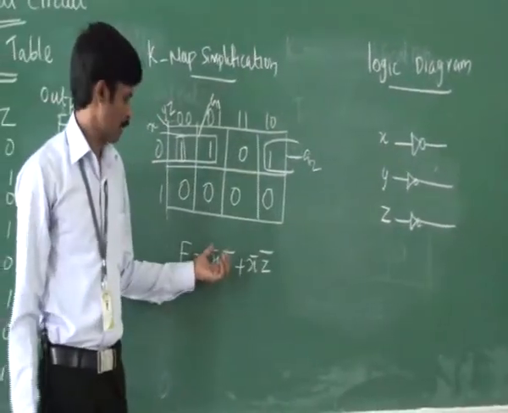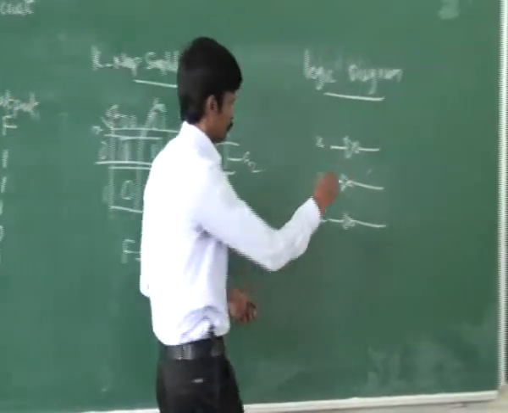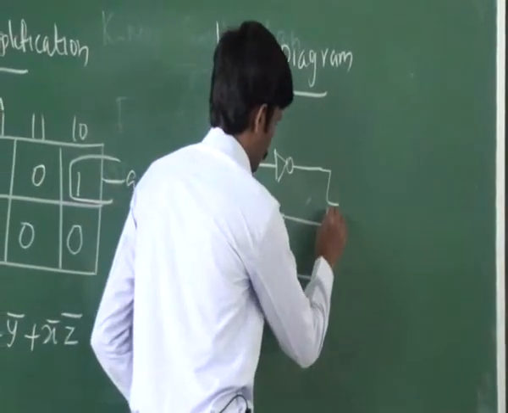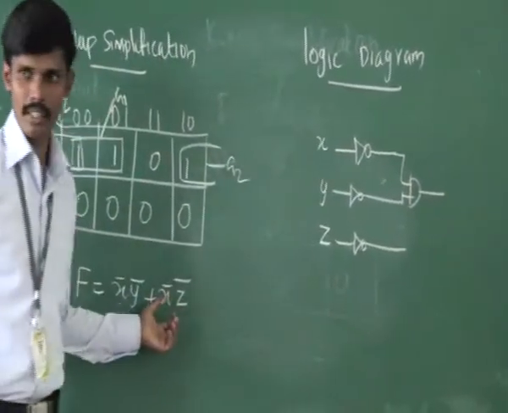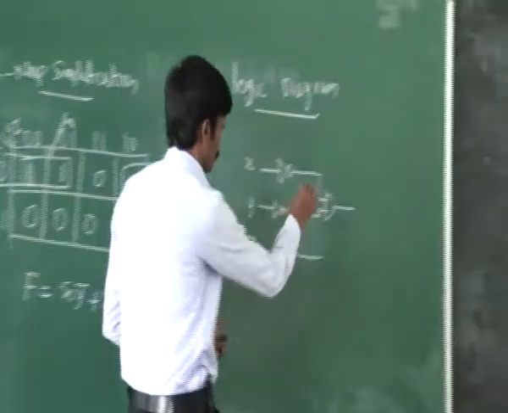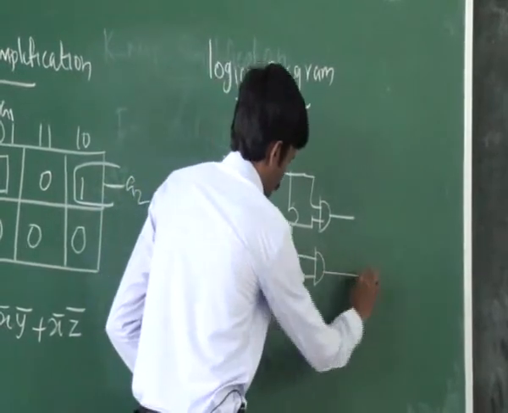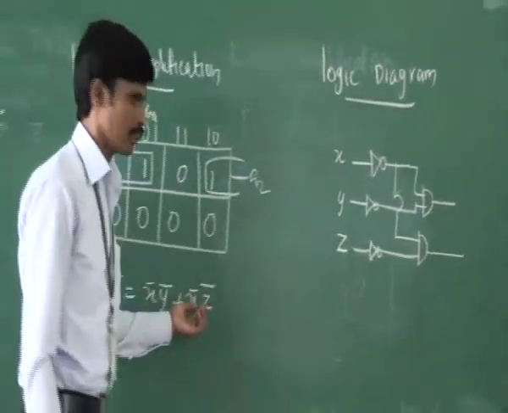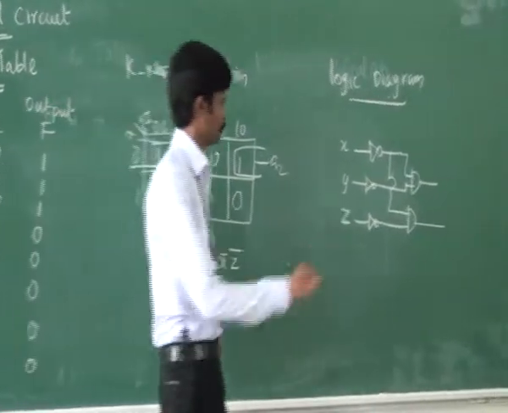In the first term, X bar is ANDed with Y bar to get X bar Y bar. Then X bar is ANDed with Z bar to get X bar Z bar. Finally, these 2 terms are ORed to get the final expression F.